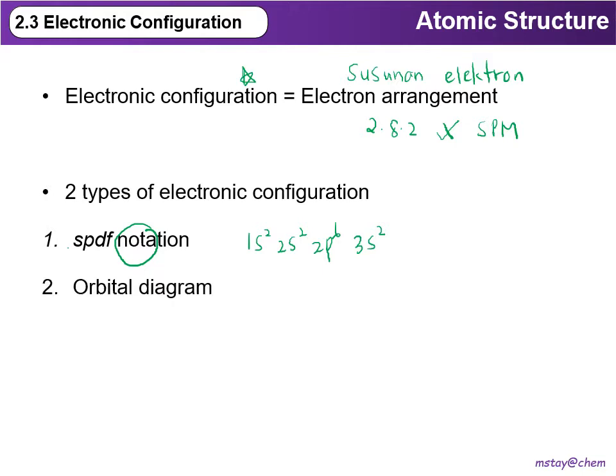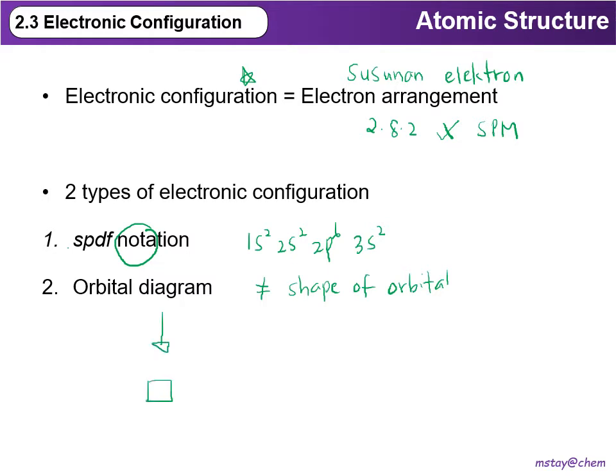The second type of electronic configuration can be represented using the orbital diagram. I would like to remind you, the orbital diagram is not equal to the shape of the orbital. The orbital diagram looks like boxes.